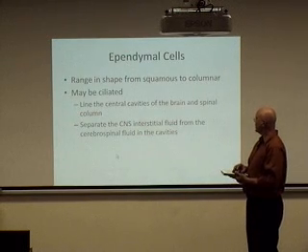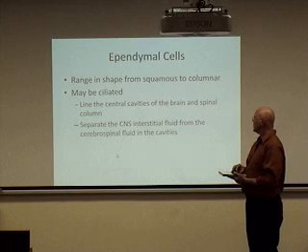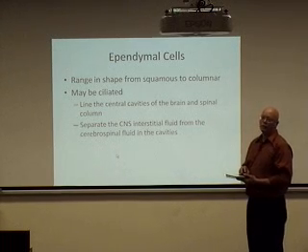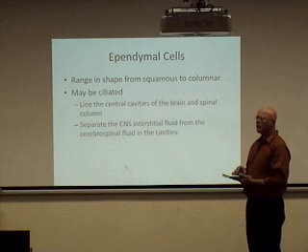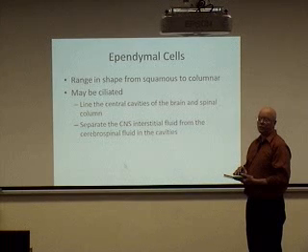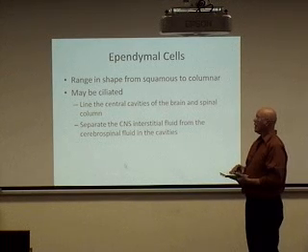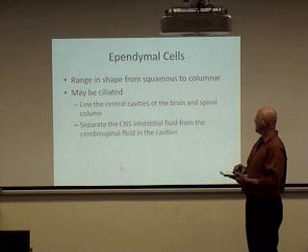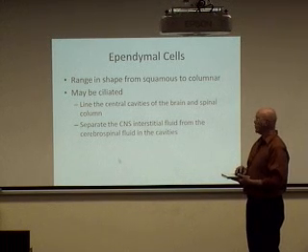The next cell is the ependymal cell. The ependymal cells line the central cavities of the brain and spinal cord. In the brain and spinal cord, we have cavities within the center of the brain. They're called ventricles. And all around the brain and the spinal cord, we have a cavity that is filled with cerebrospinal fluid.